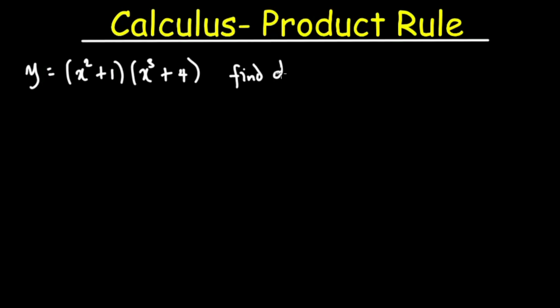For our first question, we have: if y equals x squared plus 1 multiplied by x cubed plus 4, find dy/dx. Now there is a long way to do this and there's a short way to do this. So we're going to look at both ways.